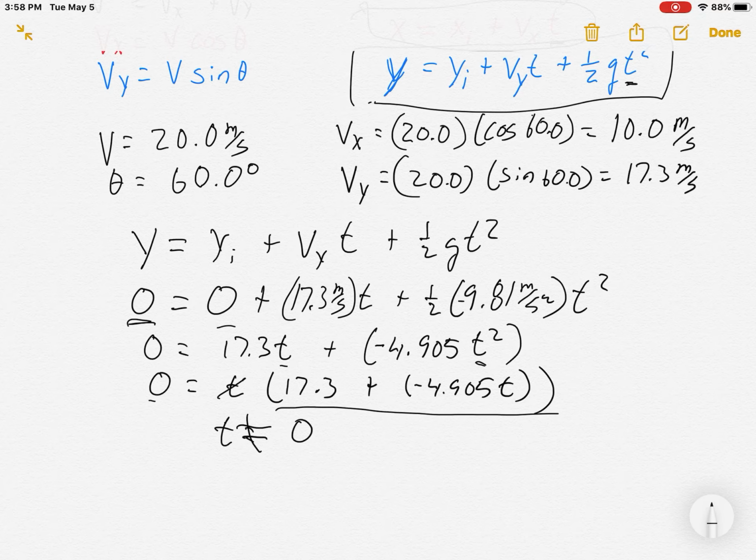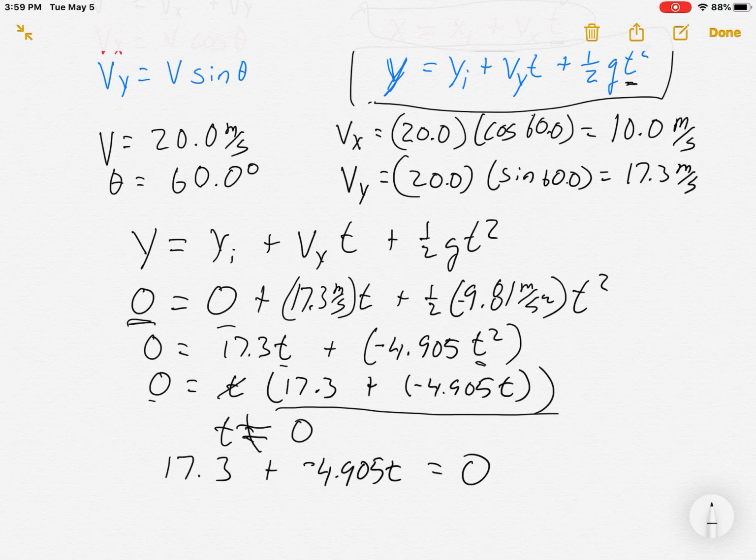It seems like a little bit of cheating, but if you think about it logically, it makes sense that we know that this takes more than 0 seconds, right? So what that means is that 17.3 plus negative 4.905t is equal to 0.